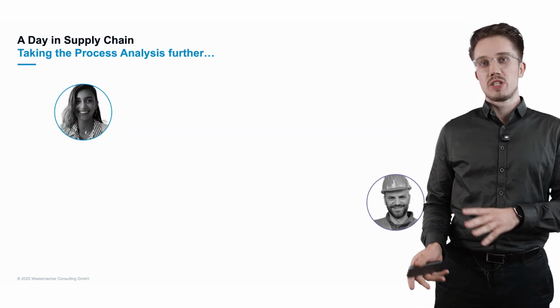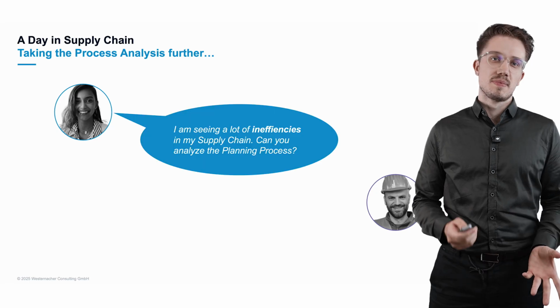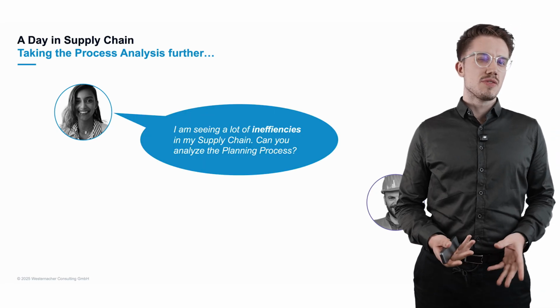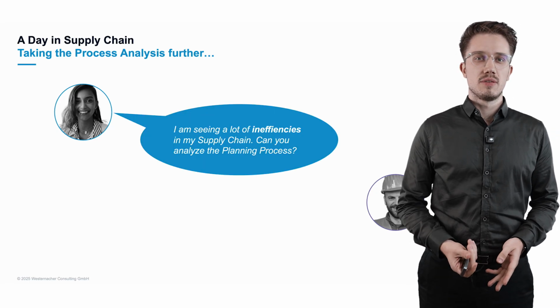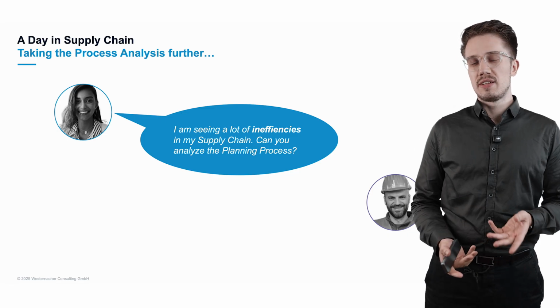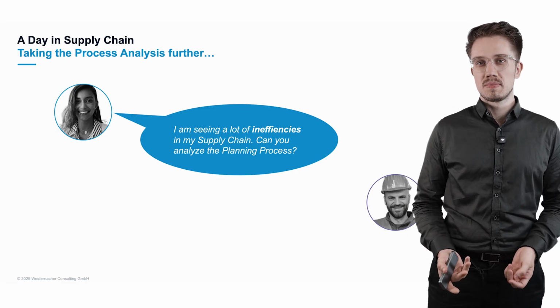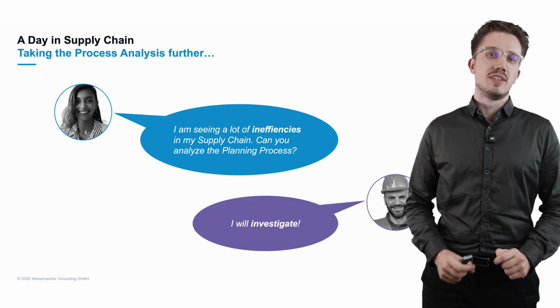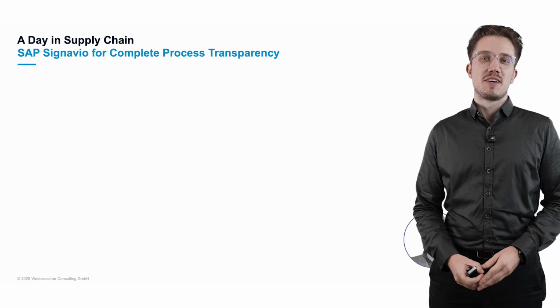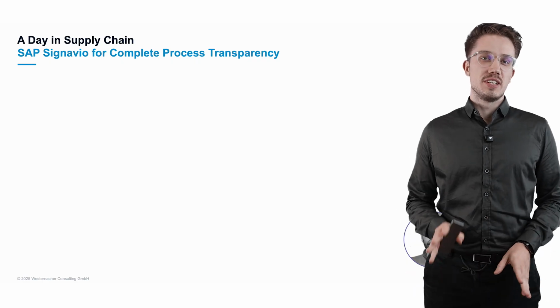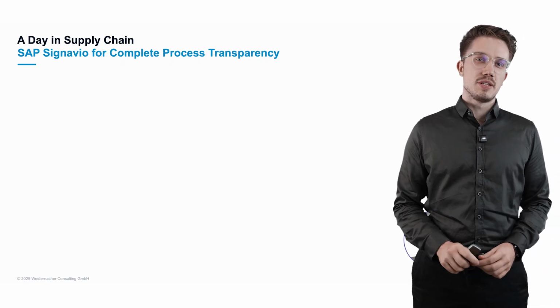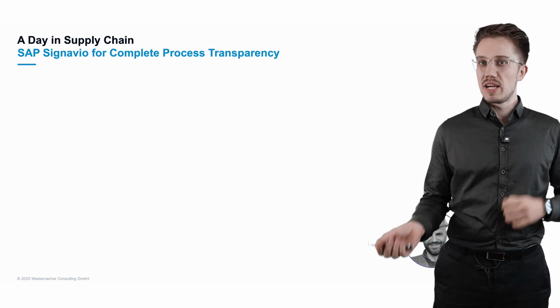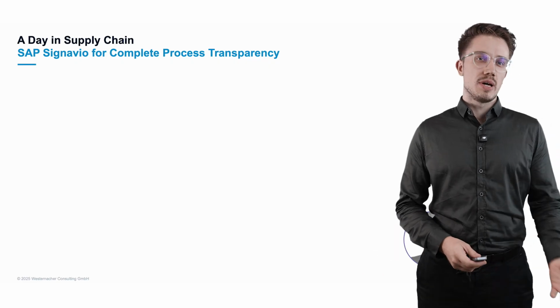So, Jean runs back to Peter and she says, I am seeing a lot of inefficiencies in my supply chain. Can you please analyze the planning process? To which Peter replies, of course, he will investigate. Peter, on the other hand, is not interested in the broad overview. He doesn't spend his days looking at process flows and at his metrics of lead to cash or make to stock.